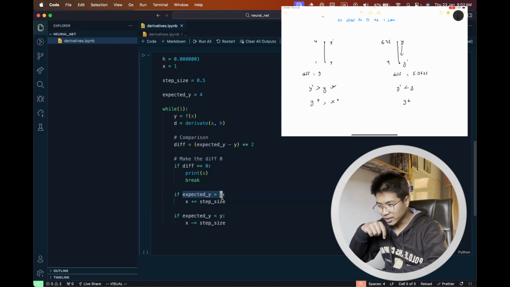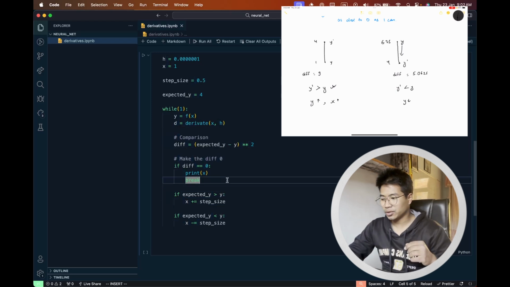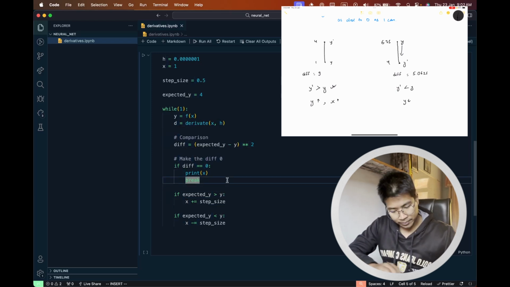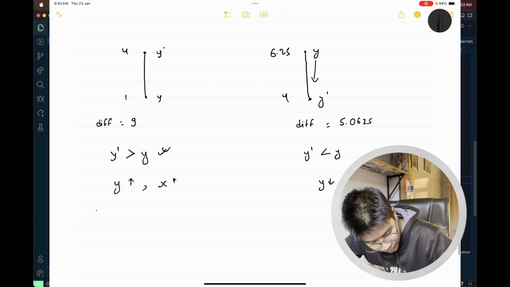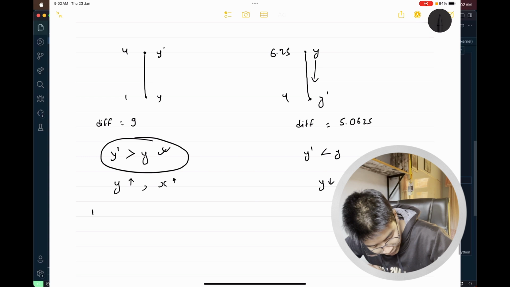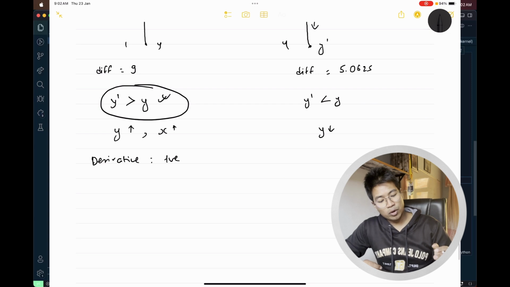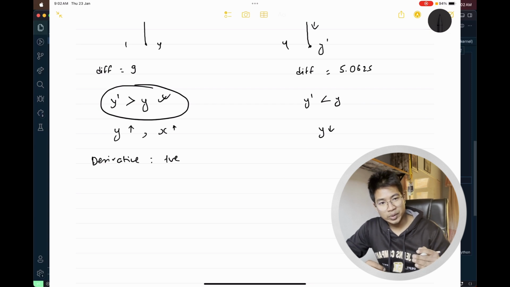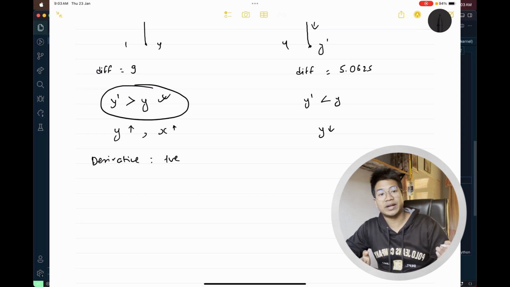Oh wait, we should also incorporate the derivative over here. So if your expected y is greater than your y, you need to see what's happening to your derivative. Okay, that's my bad. In this case, if your derivative is a positive number, then you would want to increase your x value, because x and y would be directly proportional.